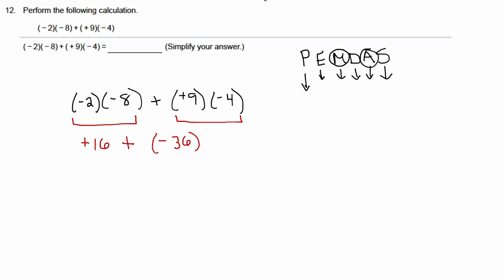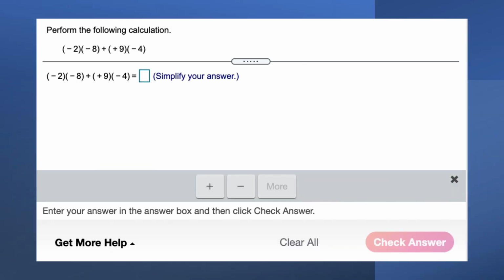Positive 16 plus a negative 36 gives me a negative 20. Again, you can do this on your calculator. To type in negative 20, we'll put our cursor in the answer box, select the negative sign, type in 20, and check our answer.